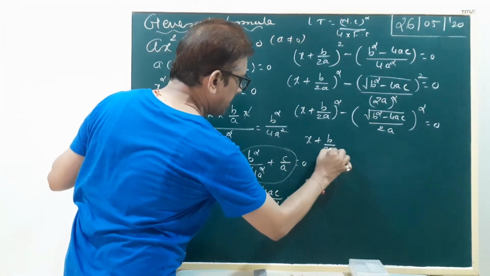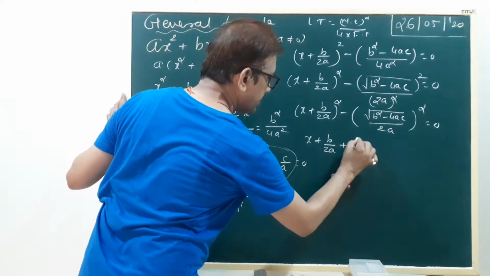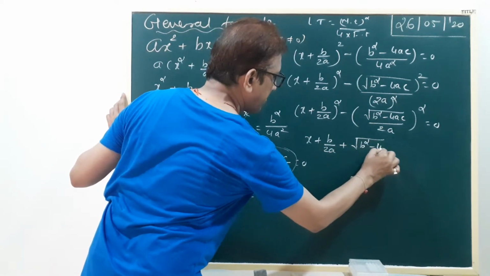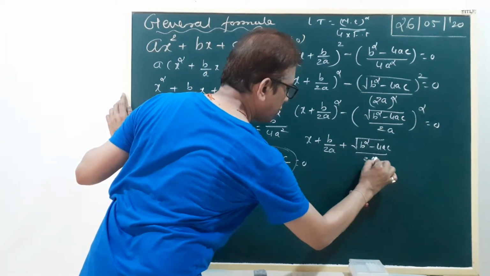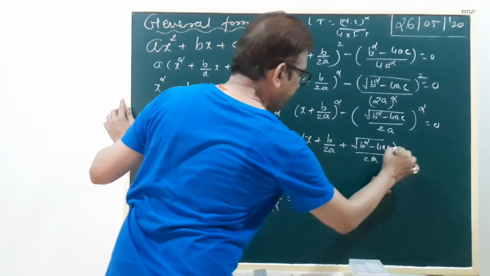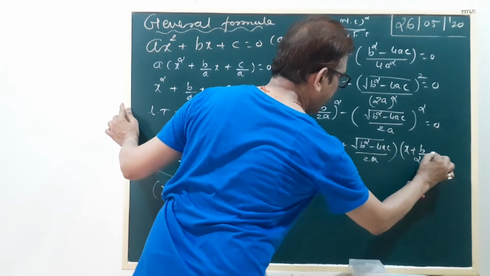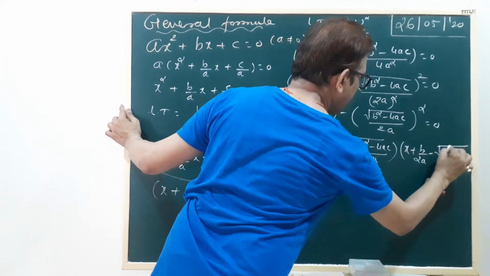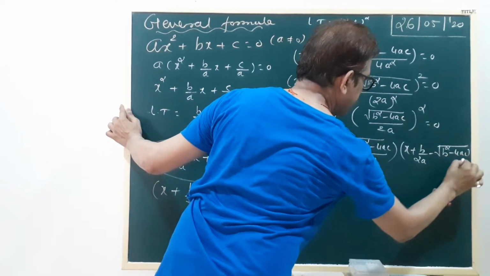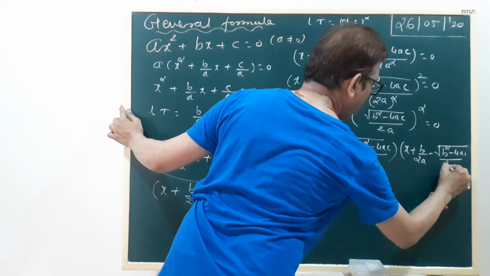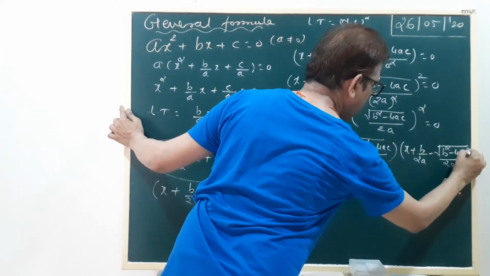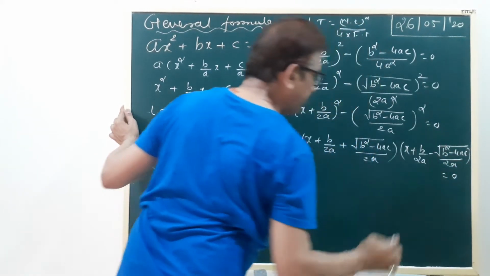X plus b upon 2a plus root of b square minus 4ac upon 2a, then one time negative: x plus b upon 2a minus root of b square minus 4ac upon 2a, equal to 0.